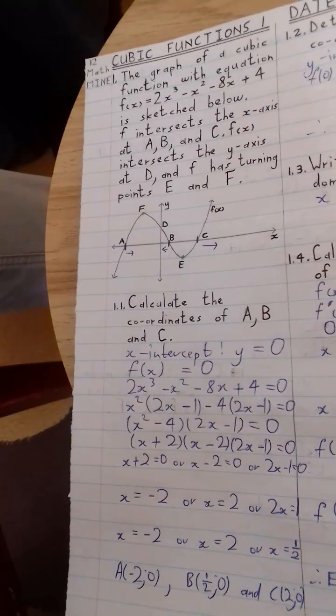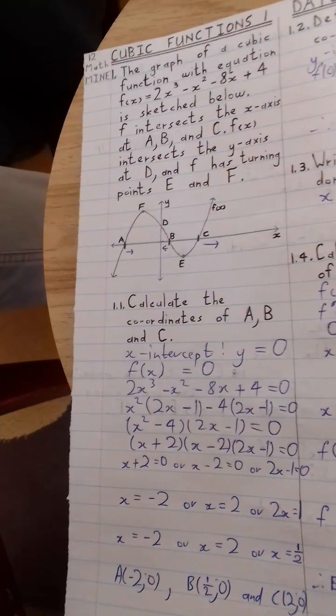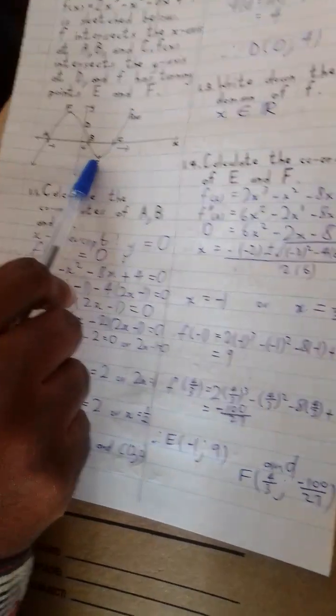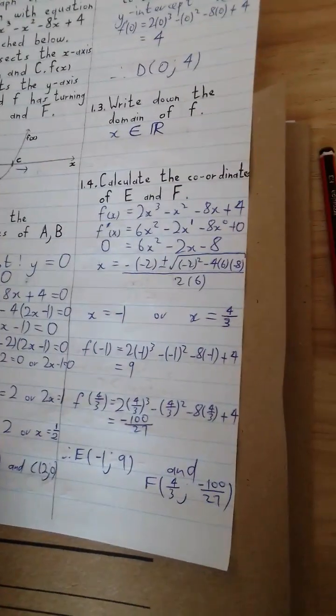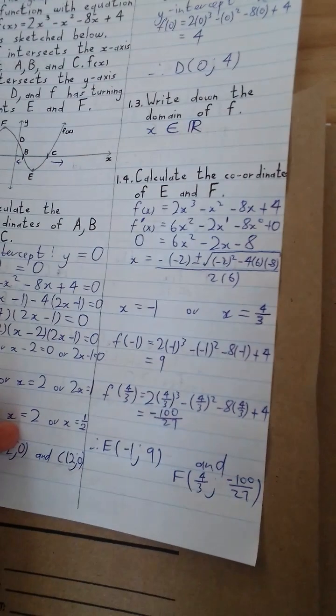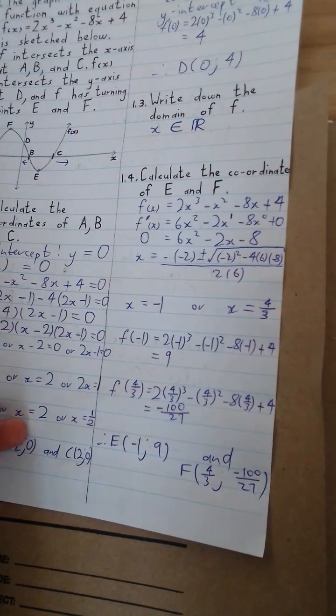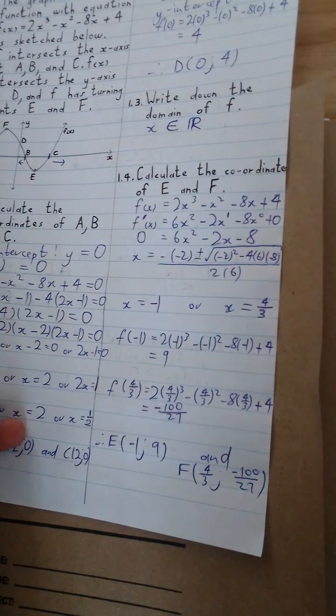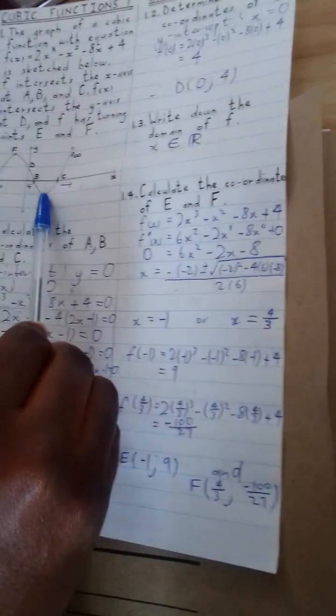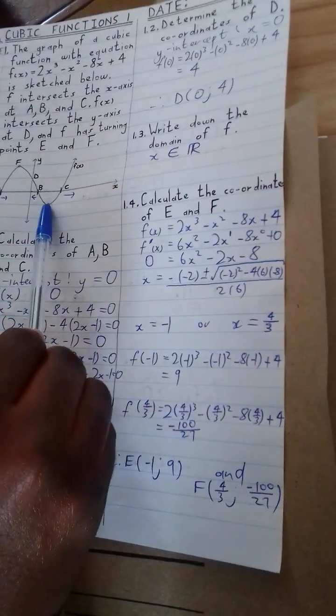Whoopsie, I made a mistake. I swapped them. So E, this is the one, oh no, I didn't make a mistake. Actually, I did, because here x is positive and y is negative. Sorry, my bad.